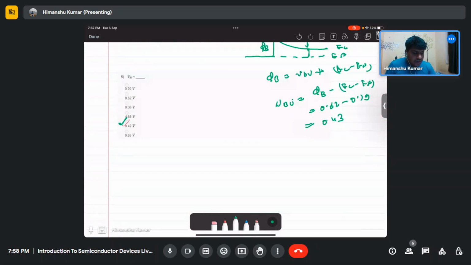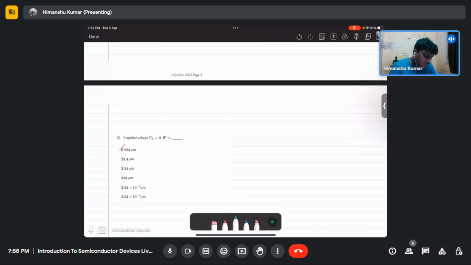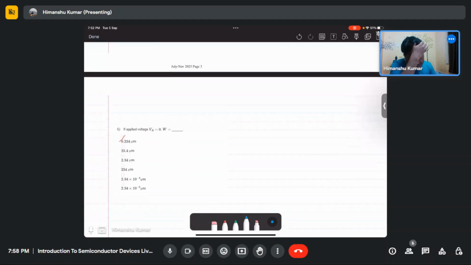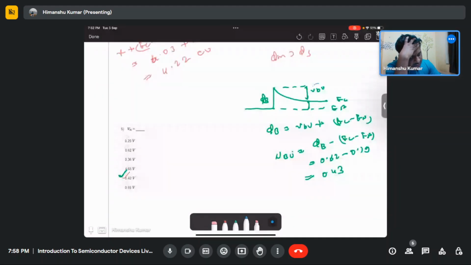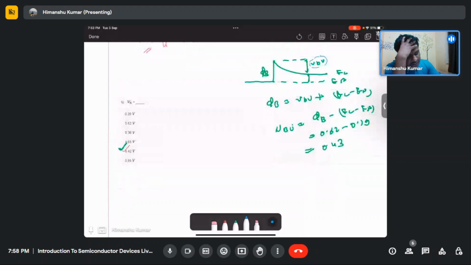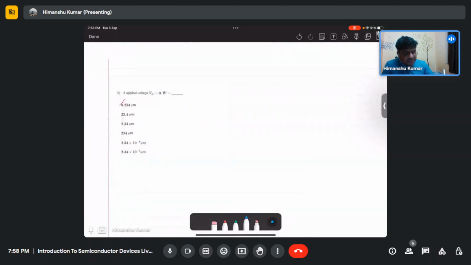Okay, now we know the built-in potential. There will be depletion corresponding to this built-in potential. We can calculate the depletion width from the built-in voltage just by this formula.